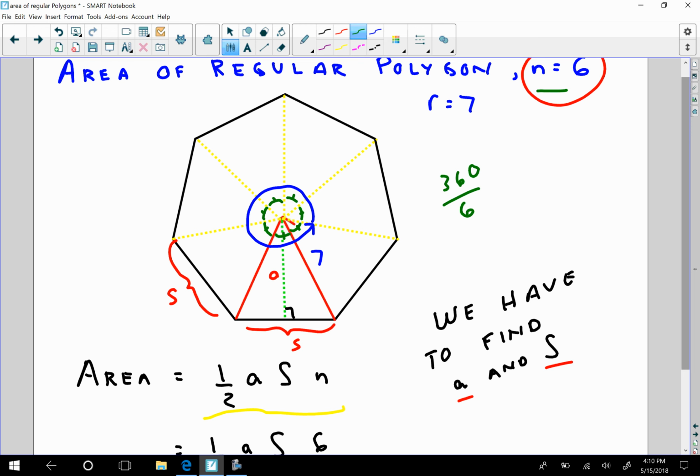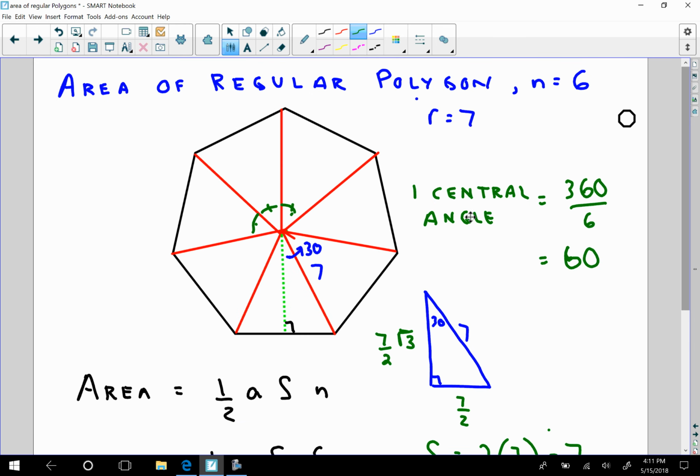So 360 divided by 6 is going to be the measure of one of these angles. I think I have that on the next slide. And I do. So the measure of one central angle is 60 degrees. All of these are 60 degrees.